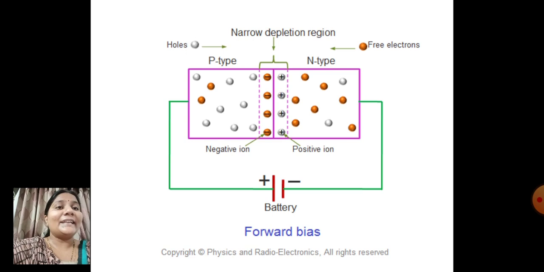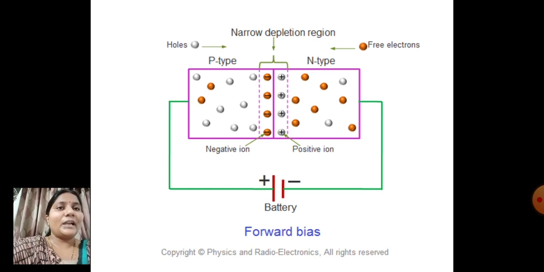So exactly, we want to know at which voltage the majority charge carriers cross the junction. Initially I am increasing the battery voltage from 0, 0.1, 0.2. When I reach 0.7, if the material used is silicon, at this 0.7 volts the majority charge carriers start to cross the junction, and this is known as knee voltage.